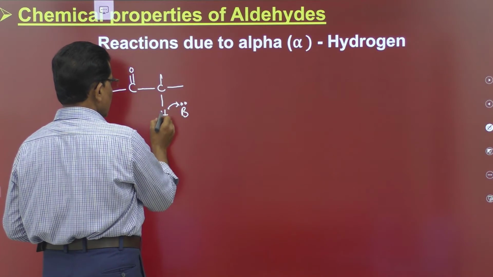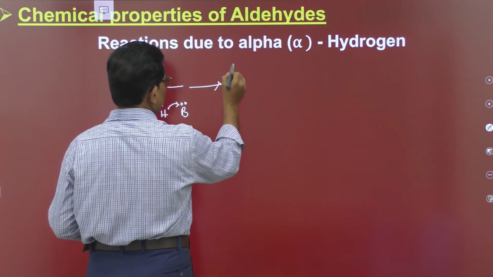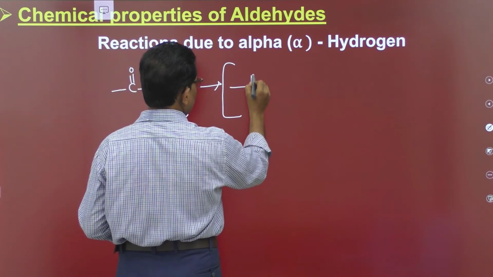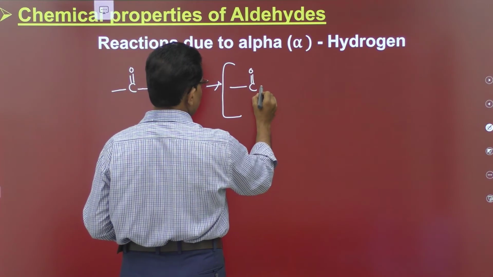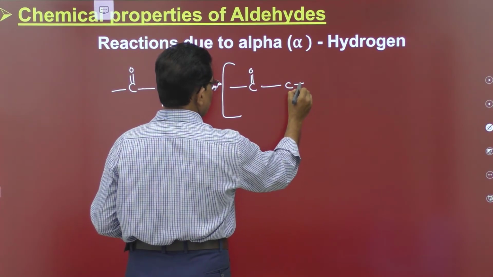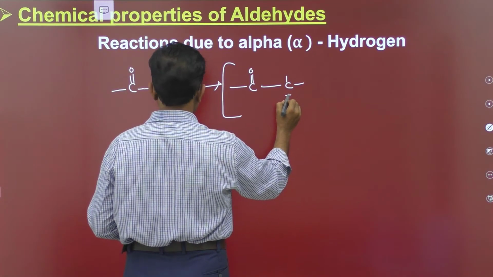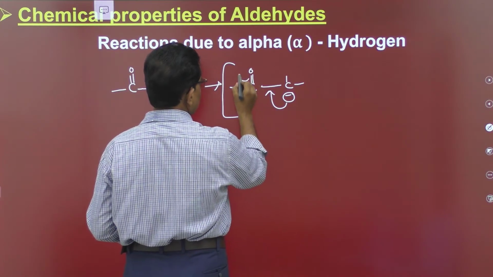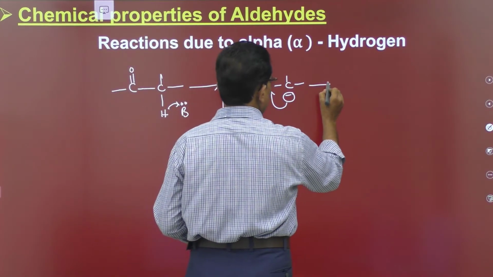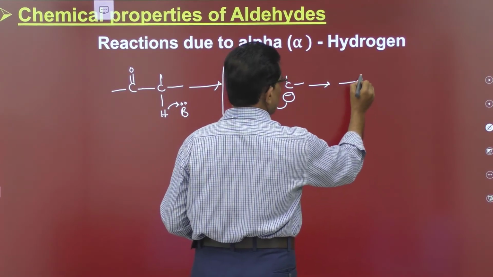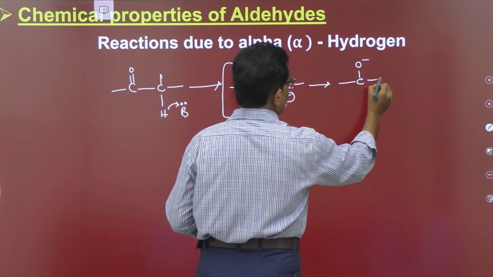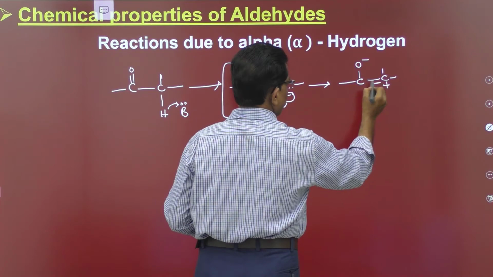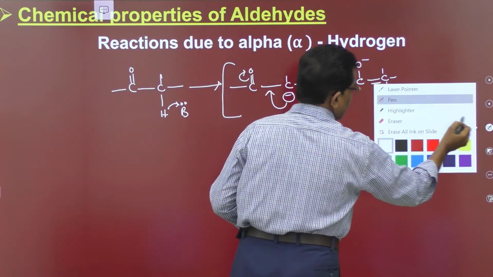Reacting with base, this hydrogen goes away, and then you will get C double bond O with a C minus formed. This electron goes here and this electron goes here, and then you will get another resonating structure, C O minus and C, where a double bond is formed.